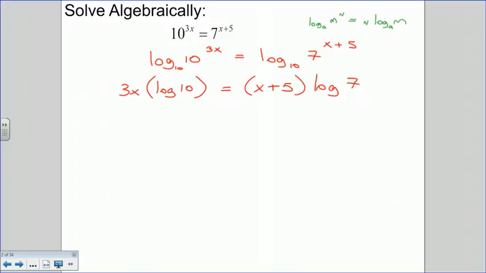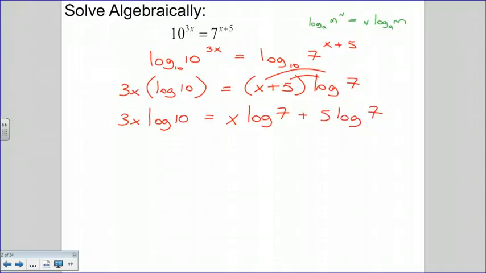Okay, so now on the left-hand side, just write that as 3x multiplied by the log of 10 equals, if I have a binomial in front, I can multiply that through. That becomes x times log of 7. Remember, log of 7 is just a number, right? It's just a number. So x times that number plus 5 times that number.